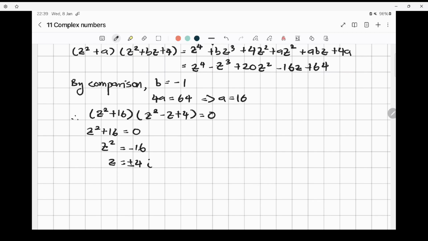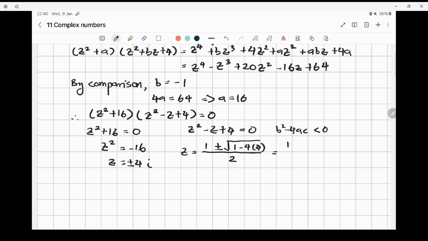The other one would be z squared minus z plus 4 equals 0. You can test out b squared minus 4ac. You definitely find that this is smaller than 0. So you can directly use the formula: 1 plus or minus square root of b squared minus 4ac, divided by 2a.